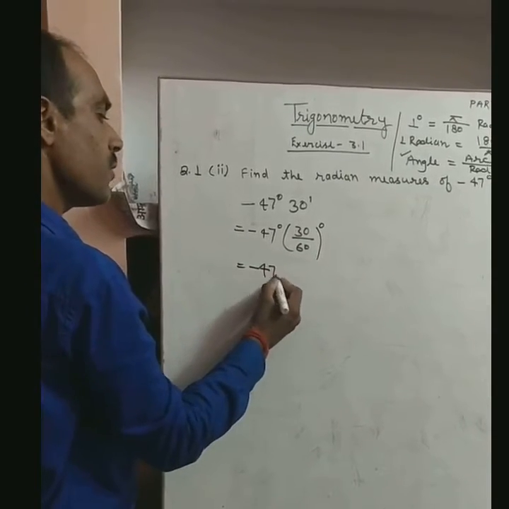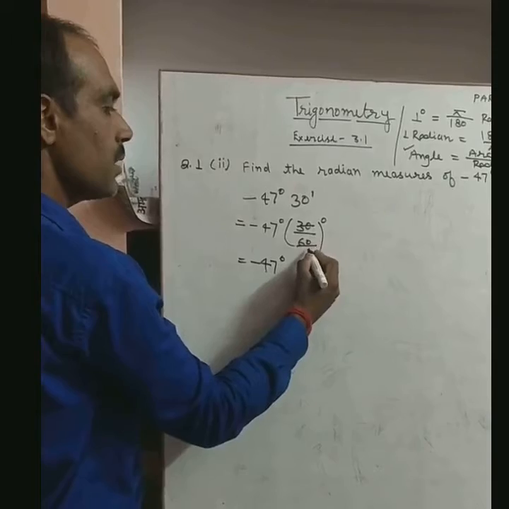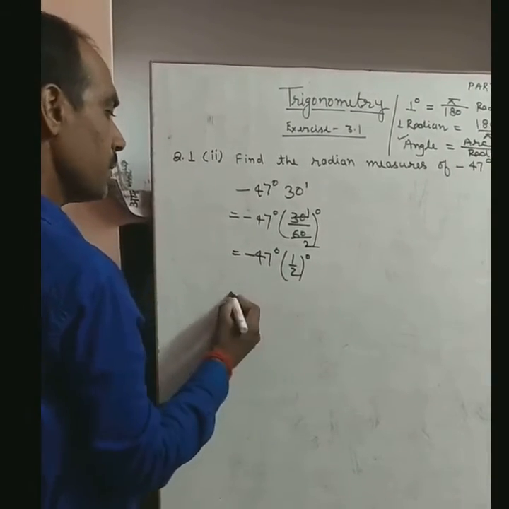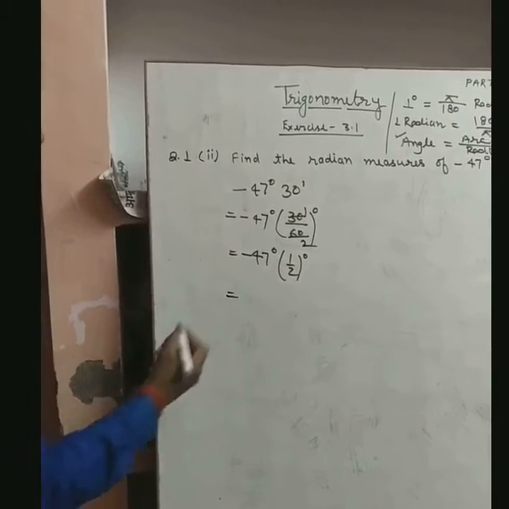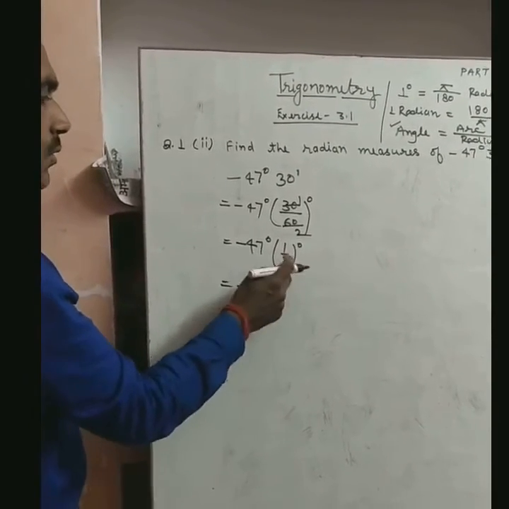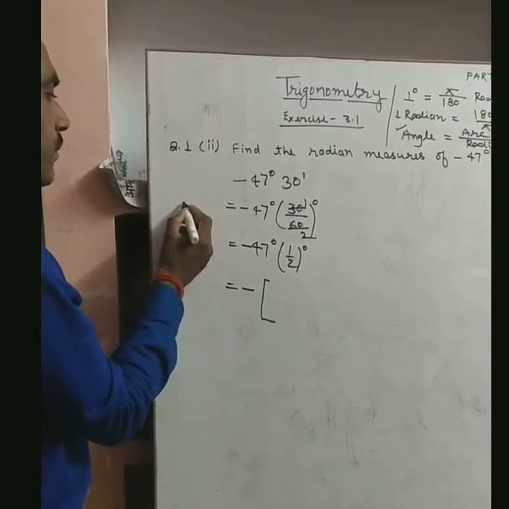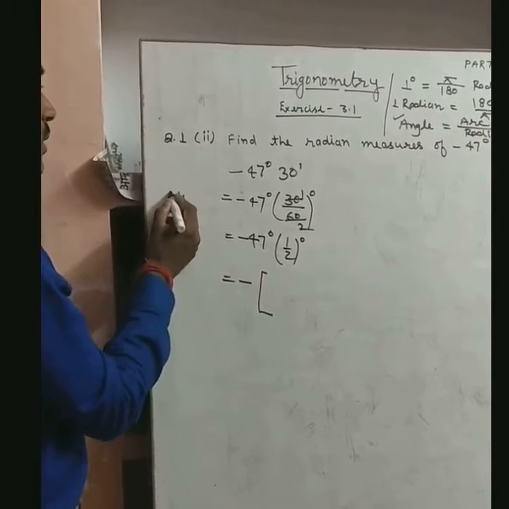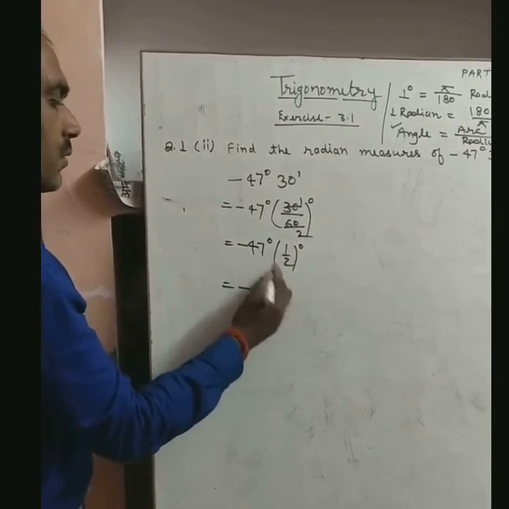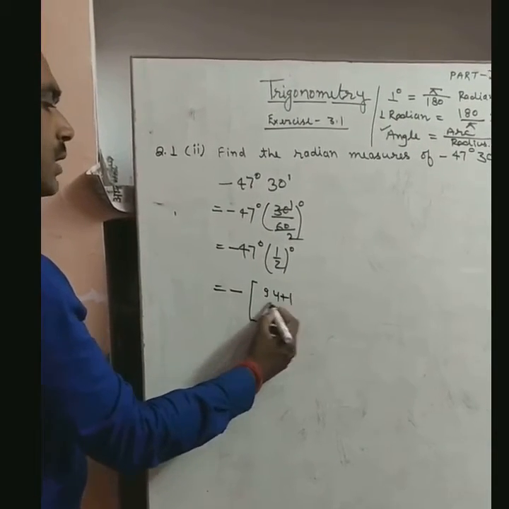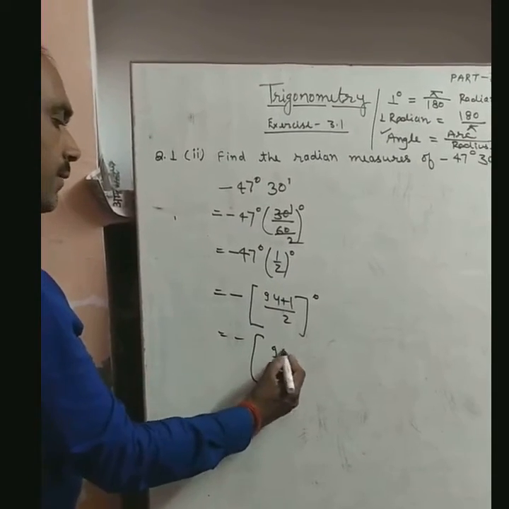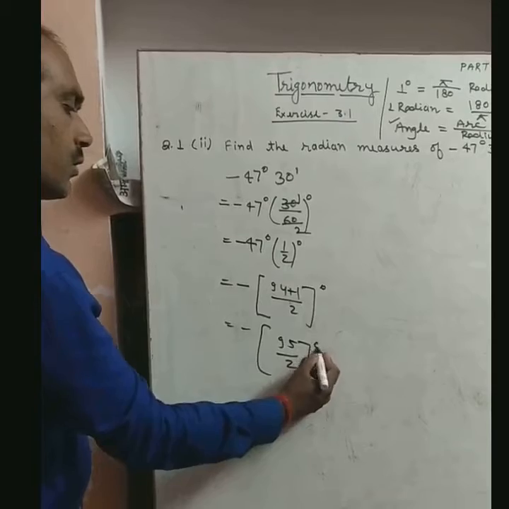It means minus 47 degree, and this becomes half, that is 1 upon 2 degree. Now what is the value of this whole? 2 sevens 14, 94 plus 1 upon 2 whole degree, then 95 upon 2 whole degree.